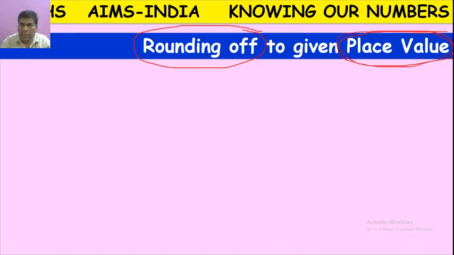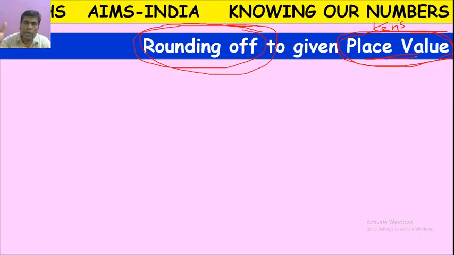They may ask us to round the given number to the tens place, or hundreds place, or thousands place. That's why we say rounding off to a given place value.